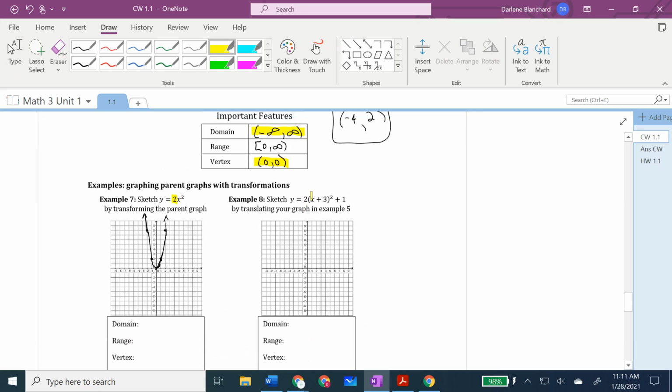Then over here, I still have the multiplication by 2, but what changes from this first transformation to the next transformation is dealing with the addition or subtraction if it were subtraction. The addition or subtraction outside the function moves it vertically, and it changes all the y's by adding 1 to all of the y's. It will move the graph up 1.